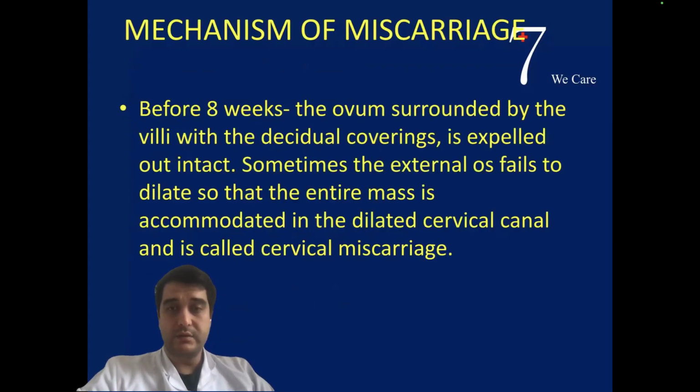So, what is the mechanism of miscarriage? Before 8 weeks, the ovum surrounded by the villi with the decidual coverings is expelled out intact. Sometimes the external os fails to dilate, so the entire mass is accommodated in the dilated cervical canal and is called cervical miscarriage.